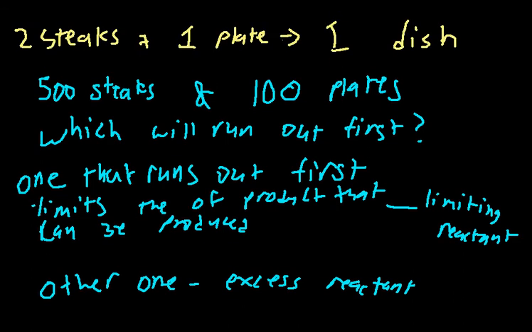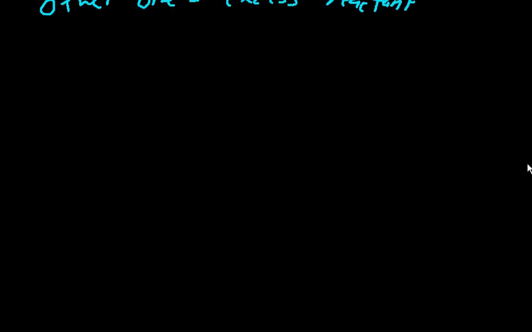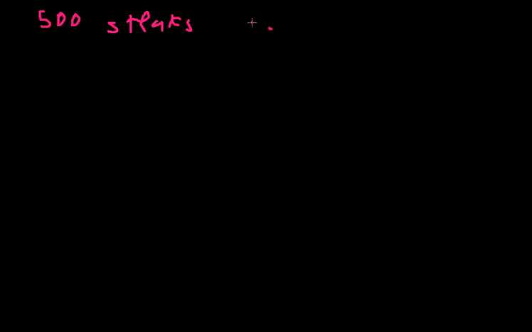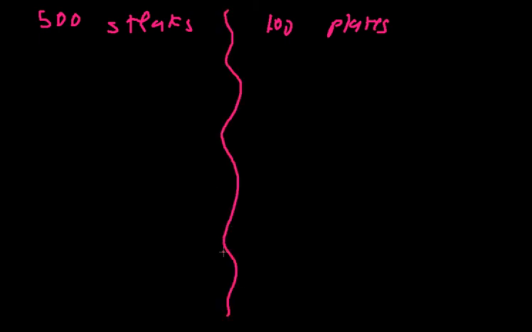So if I look back at my 500 steaks and 100 plates, I want to find out which one's going to run out first. Well, here's what I'm going to do. I'm going to rewrite these up at the top, 500 steaks and 100 plates, and I'm going to draw a partition down the center. The reason I'm drawing this partition is because we have 2 different methods.